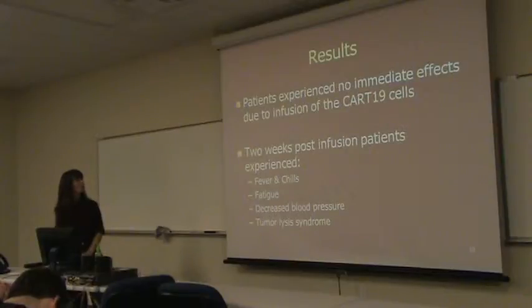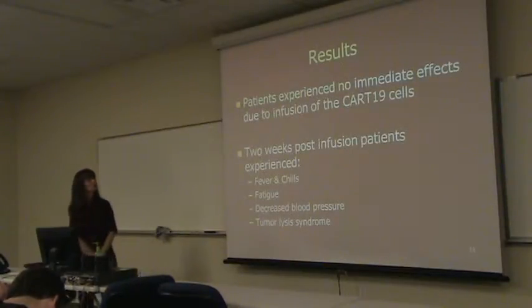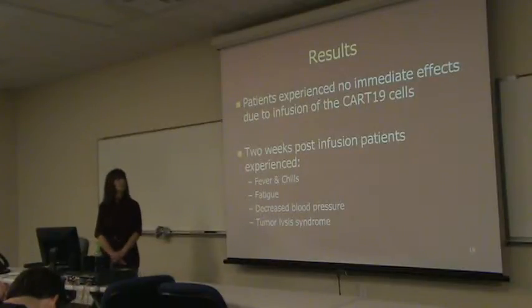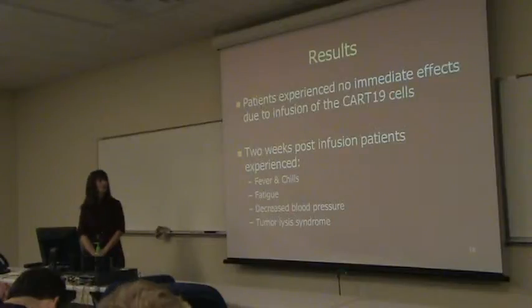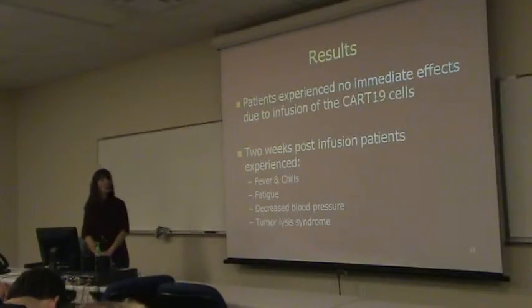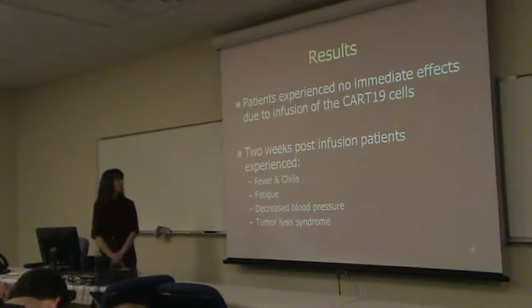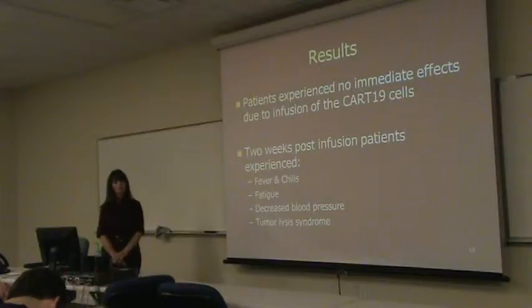So what were the results that they found? After the patients had been infused with the genetically altered T cells, they didn't see any immediate effects or toxicity effects. However, 2 weeks later, the patients began to experience fever, chills, fatigue, a drop in blood pressure.